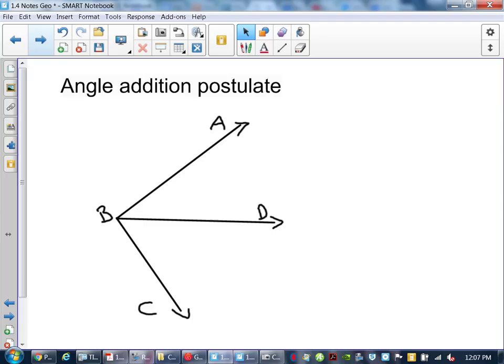What happens here with angle addition is that if you have two angles that have a common vertex and a common side, you can add them together.